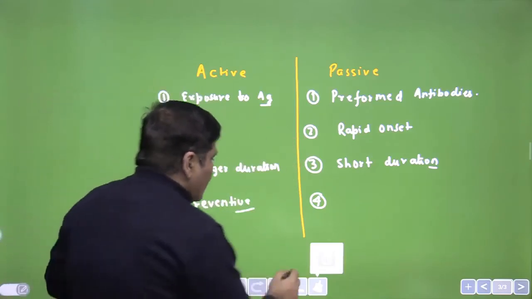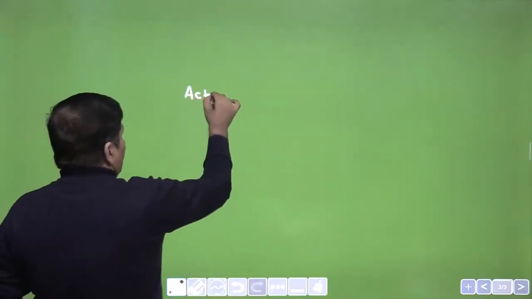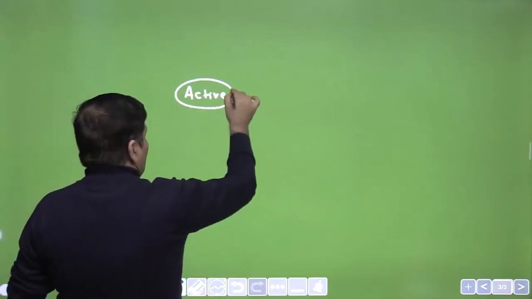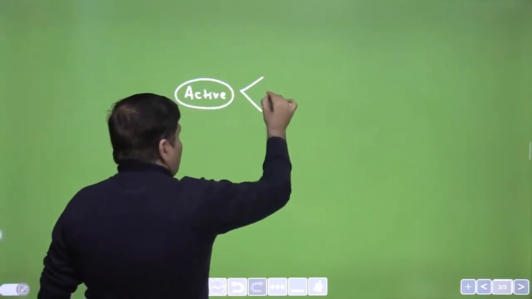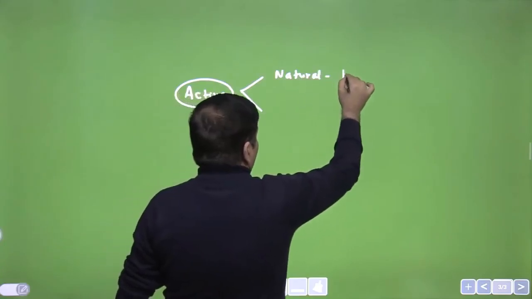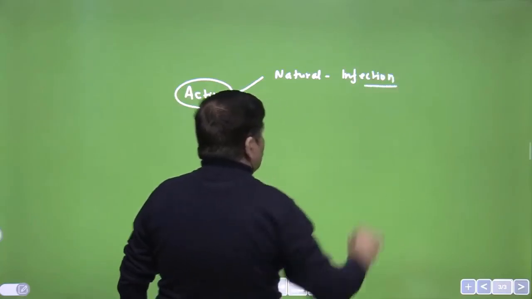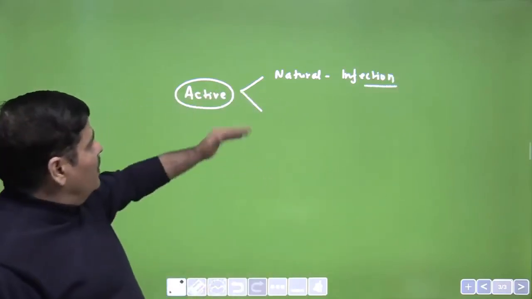So again, looking at another important question: if it is active immunity, which requires exposure to the antigen, the exposure to the antigen can be natural. It can be natural, which means it is because of infection. So immediately you can understand the pathogen enters the host and it is carrying the antigen naturally.